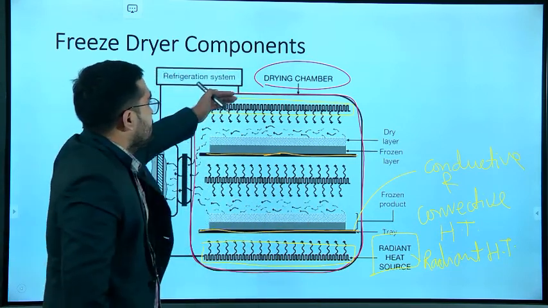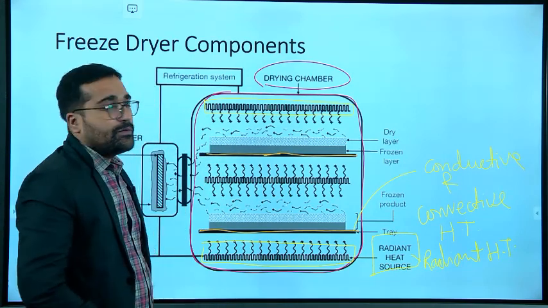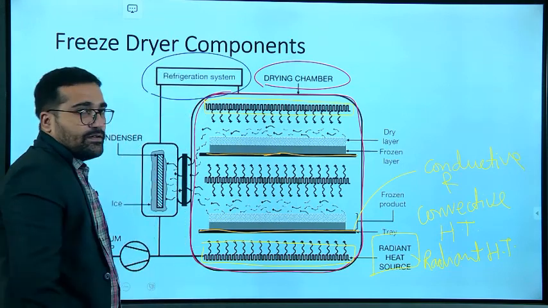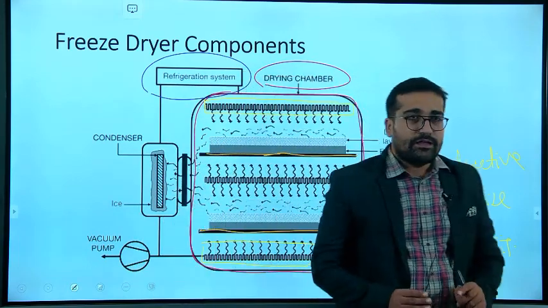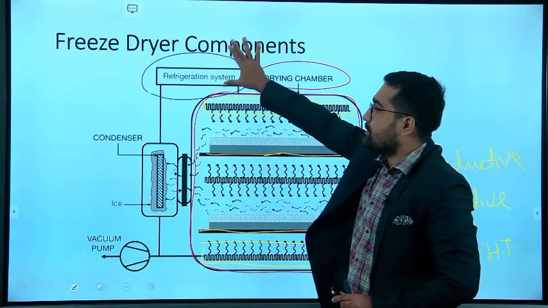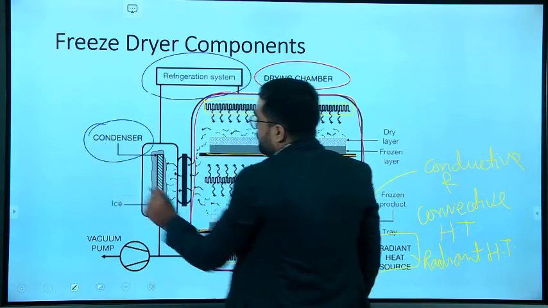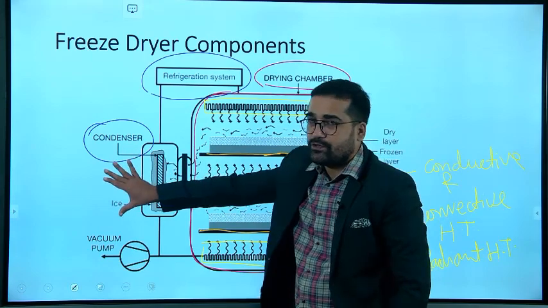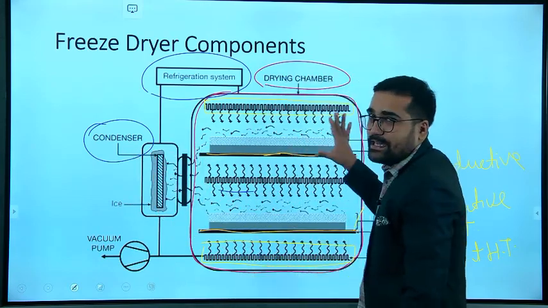So, since this is all about the heating of the product, what about cooling of the product? For that we need a refrigeration system, correct? The refrigeration system is separately attached to the freeze dryer. And the condenser we use to condense all the incoming vapors, so that the vapors can be condensed. They can't remain inside the chamber.